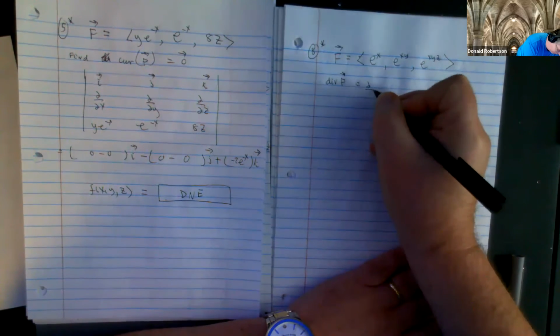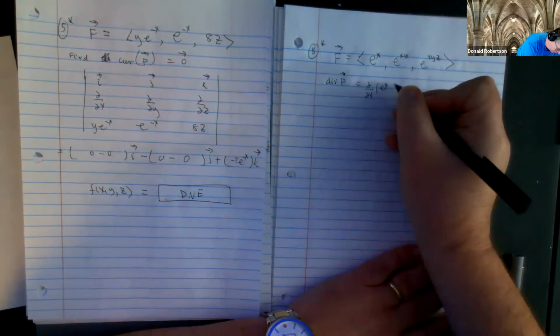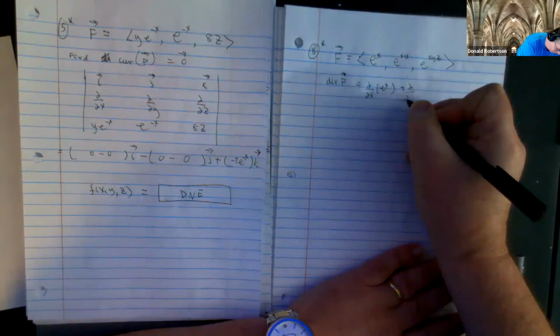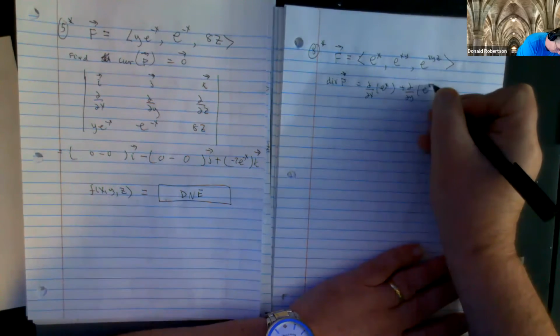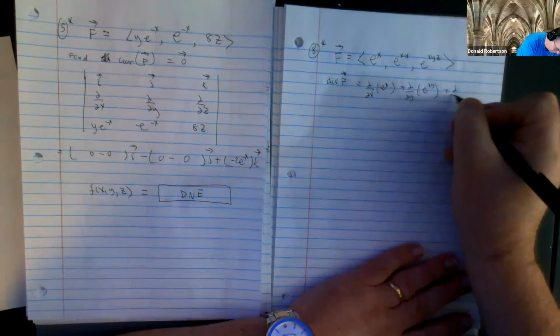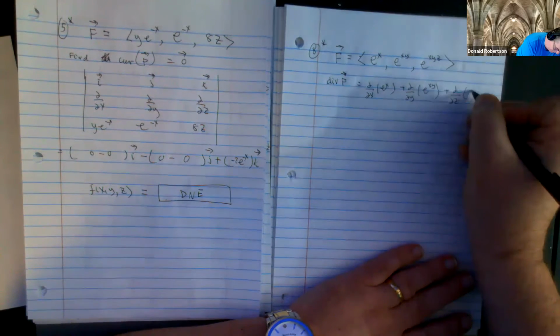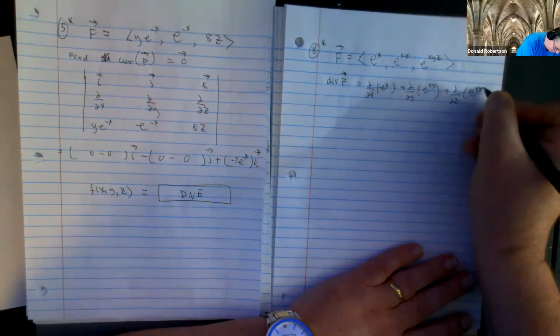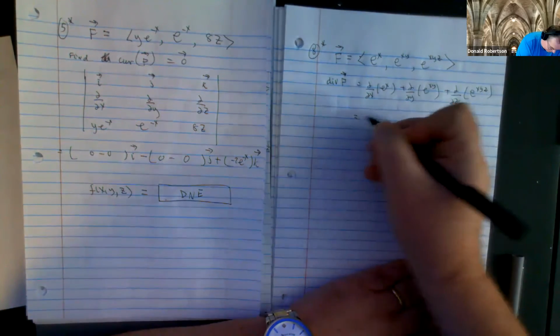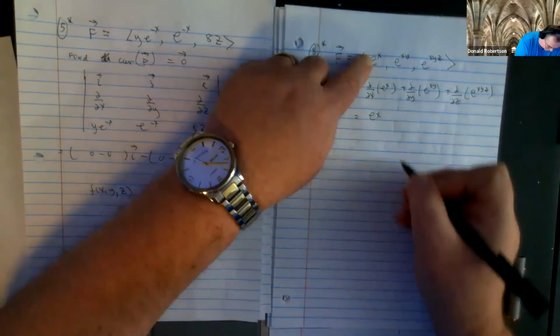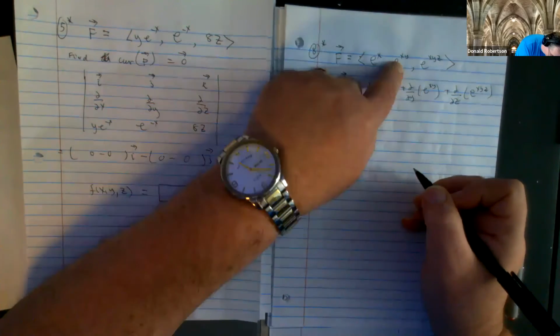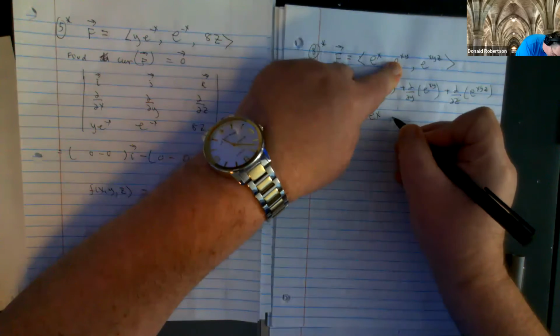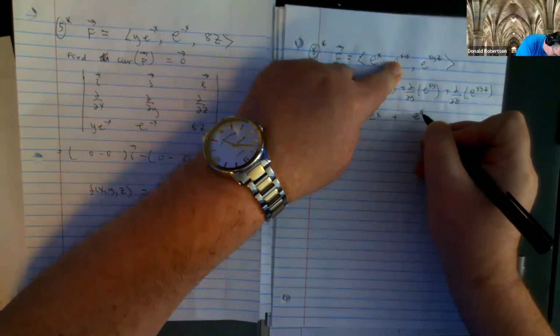So it's differentiate with respect to X, then you differentiate with respect to Y, and then you differentiate with respect to Z, and you add them together. Right, that guy gets you e to the x. If you differentiate this with respect to y, you do not just get e to the xy.